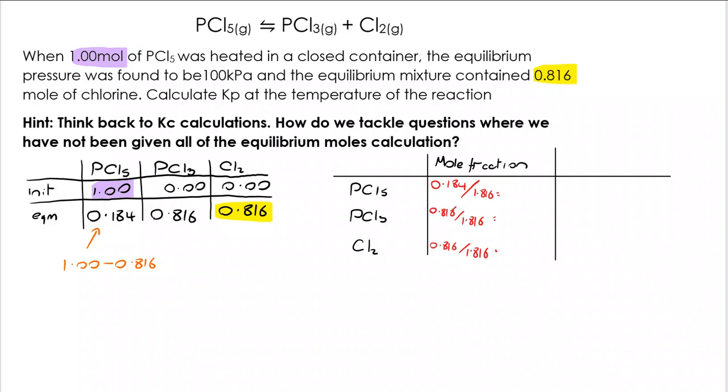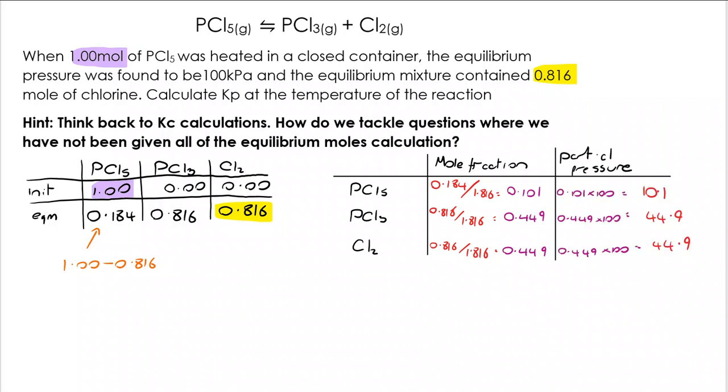And that gives us mole fractions of 0.101, 0.449 and 0.449 respectively. And if you want to clarify you're on the right track, they should add up to 1. Now I've got the mole fractions, I need to work out the partial pressure. I know that my equilibrium total pressure is 100 kilopascals. So I'm going to multiply each of my mole fractions by 100. We get 10.1, 44.9 and 44.9.